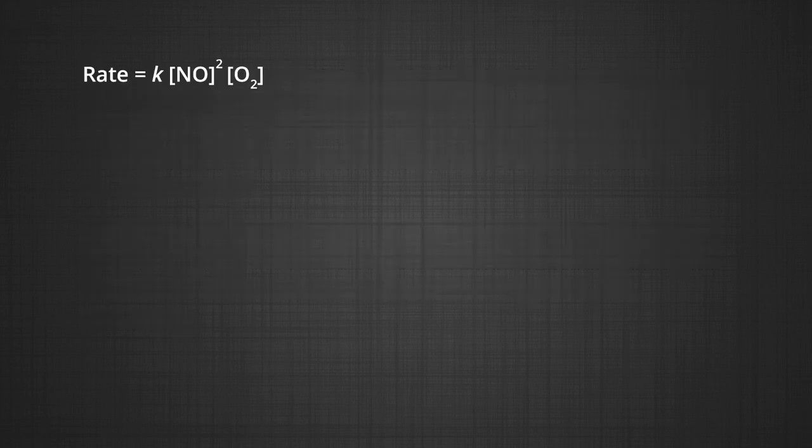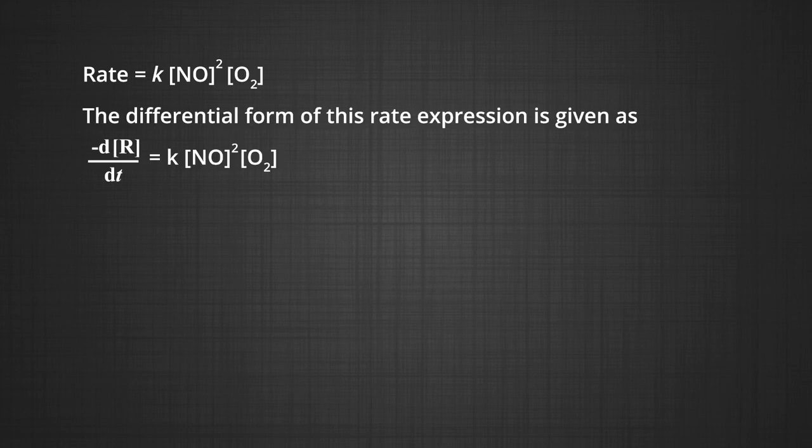Hence, the rate equation for this reaction will be rate equals k, the molar concentration of nitric oxide raised to power 2 and the concentration of oxygen raised to power 1. The differential form of this rate expression is given as minus d[R]/dt equals k [NO]^2 [O2]^1.